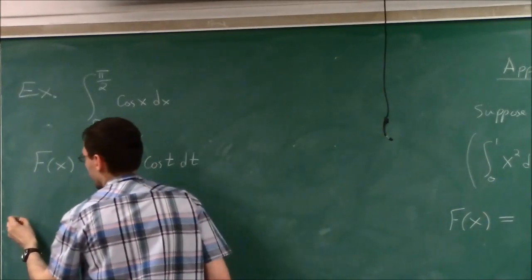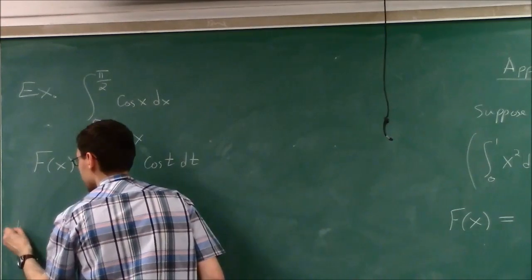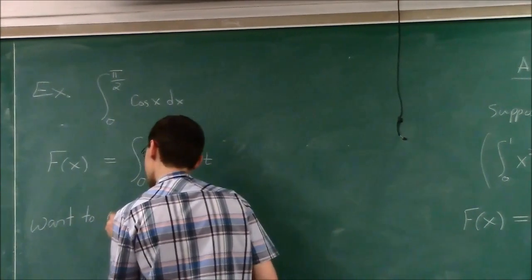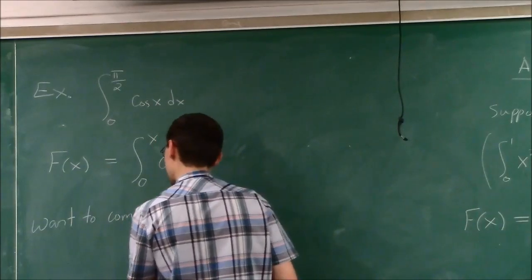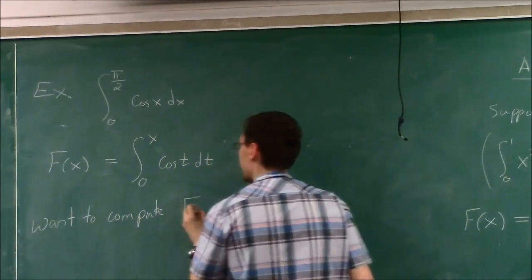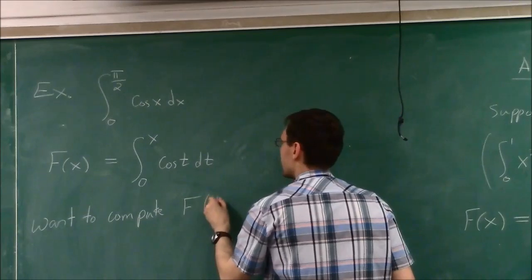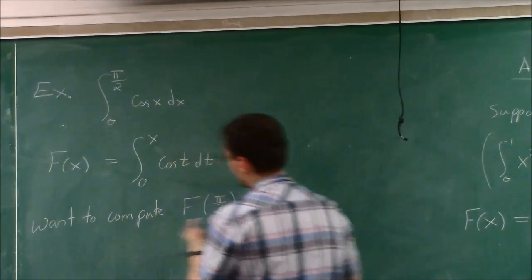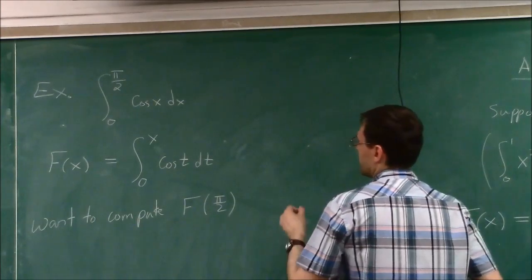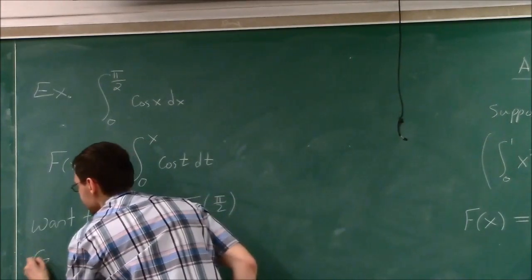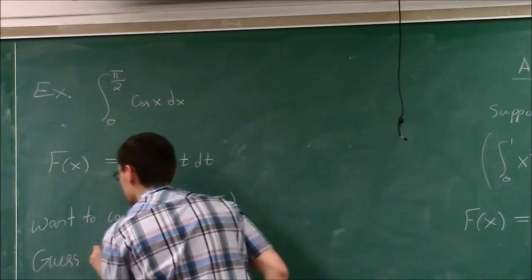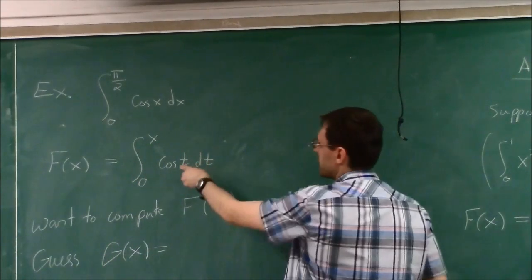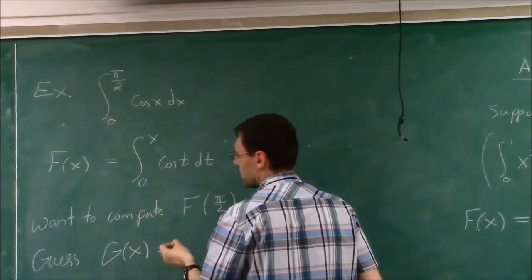And what you want to compute is F of pi over 2. But we can guess G of x, an antiderivative of this function. What is it? Antiderivative of cosine is sine.